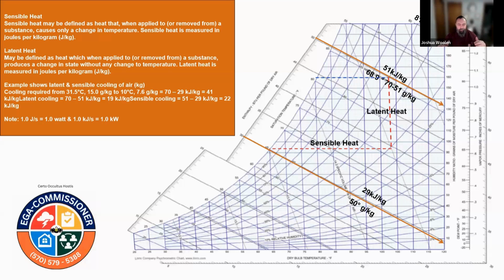And for the example here, what I did was I took the latent cooling that equaled 19 and the sensible cooling at 22. And then I noted that the 1.0 joules equaled 1 point and the watts was 1.1 kilowatts. So I already know what's going on within my environment, and I know how much my equipment is putting out to add the sensible heat based on the motors and the engines within those devices, right?